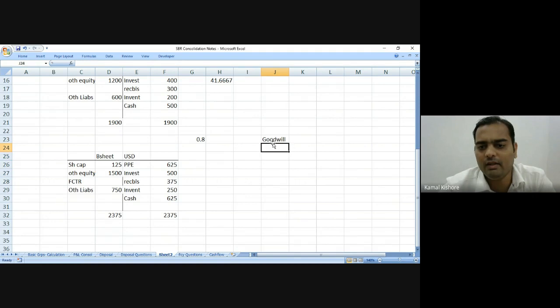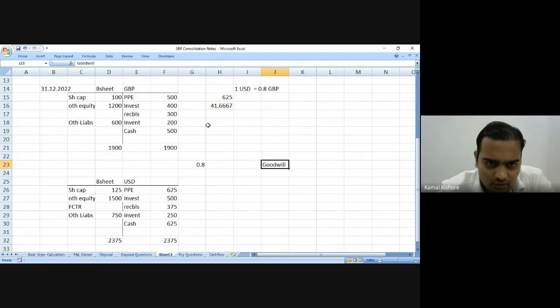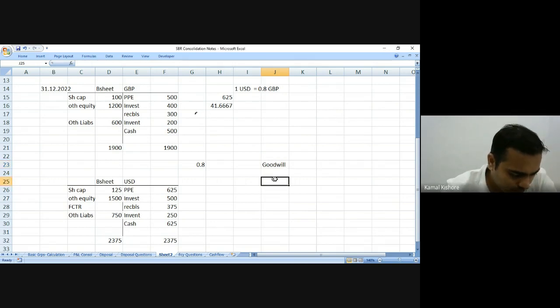Goodwill will be converted at the closing rate only, not the opening rate. Then there are impairment losses. That impairment loss will be at the average rate, because you take it through the P&L, which you are converting at the average rate.